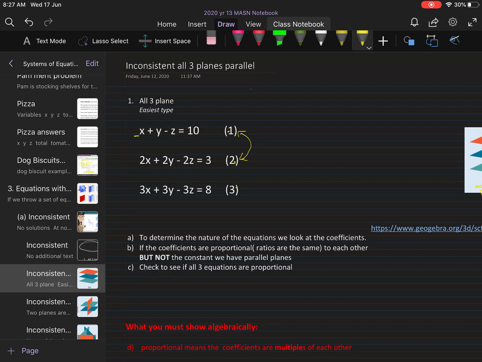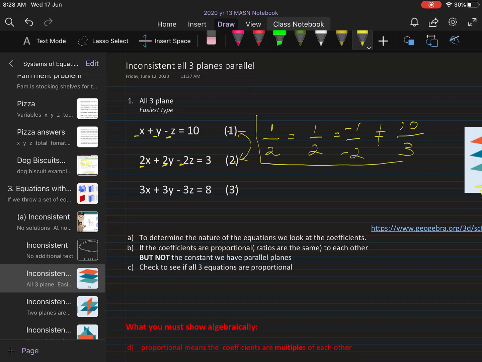In front of the x's, we get a 1 to 2 ratio. The y coefficients give a 1 to 2 ratio. The z coefficients give -1 over -2, which is exactly the same as 1 over 2. But the constants don't work. They're not a 1 to 2 ratio. They are not proportional.